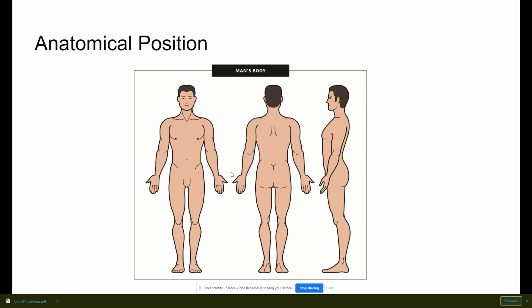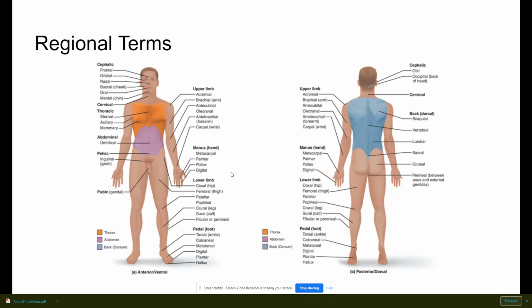And then we're going to have some directional terms that we'll mention in a moment that will help us to talk about direction. We don't say top, bottom, or any of that. And so next are some regional terms. These are also a large set of terms that will help us when we're talking about particular regions of the body. There are two fundamental divisions of the body.